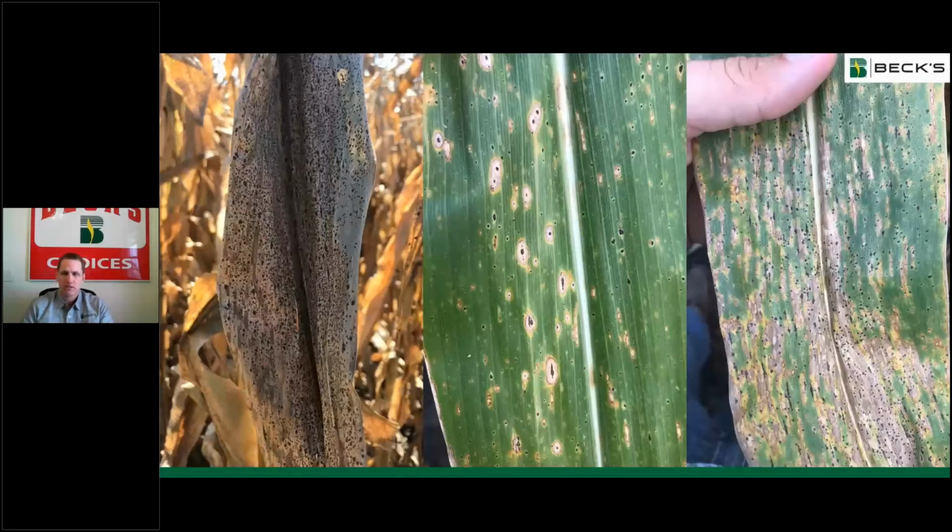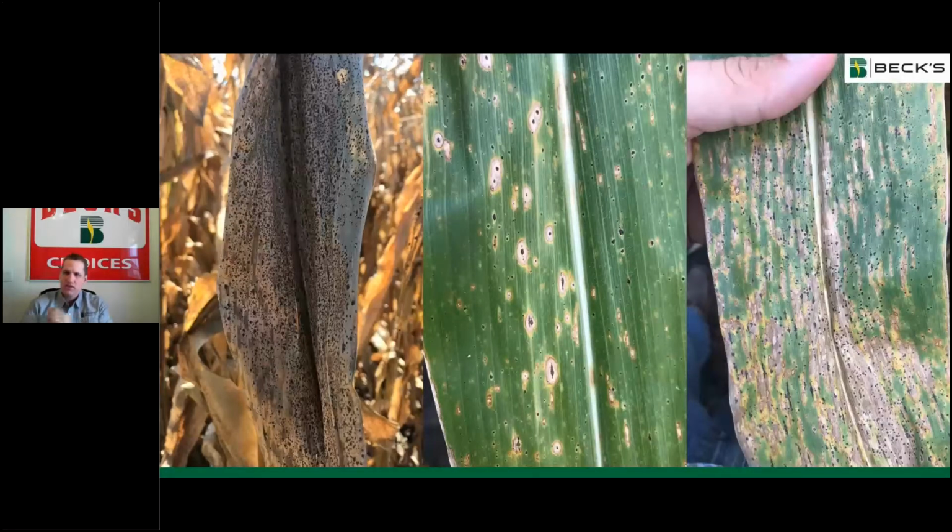When I looked at this field in 2018, I first noticed tar spot in it in the middle part of August, and the corn was still green. It still looked seemingly healthy, and by September 12th, this corn had fully senesced. Portions of the field were laying on the ground, and you can see it had about 85% foliar leaf coverage with those stromata on them.